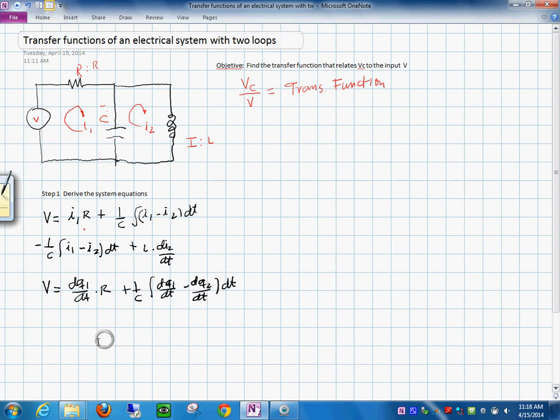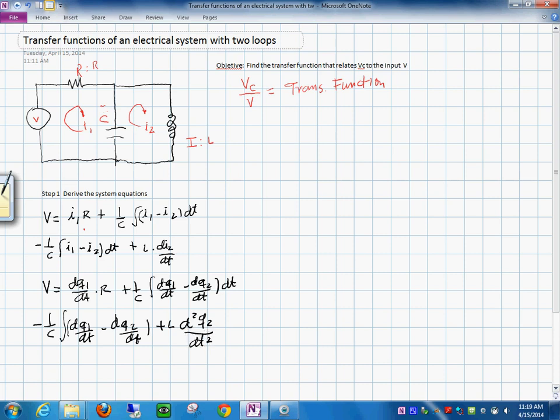And this one in here would be minus 1 over C times the integral of q1 minus q2 dt, and then plus L times d squared q sub 2 dt squared.